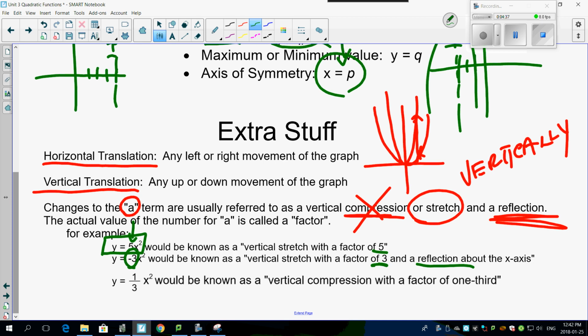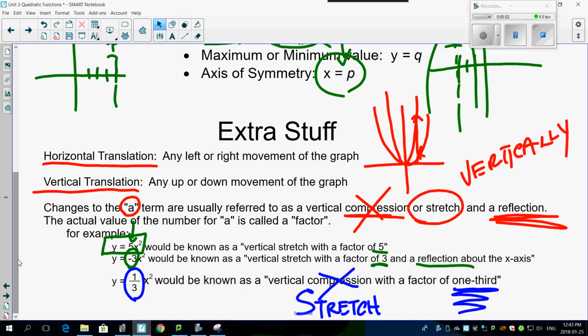In other words, we're flipping it to be a sad parabola. Look at this one. Even if it was a third, we would call this a vertical stretch factor of 1/3. We don't use the word compression anymore. We say this as a stretch. But it's the factor of 1/3 that tells us that this is going to be wider.